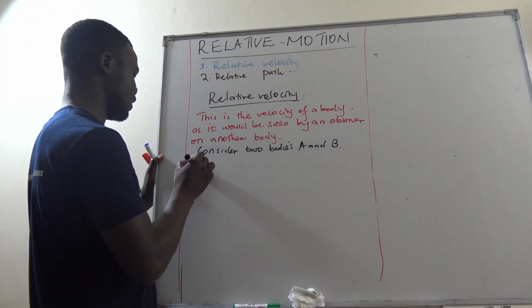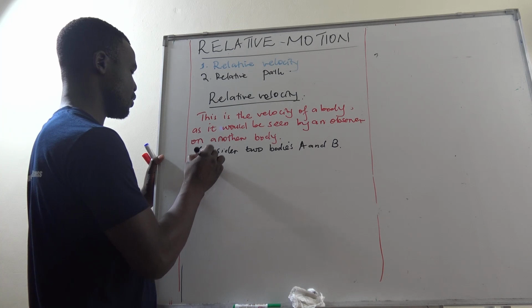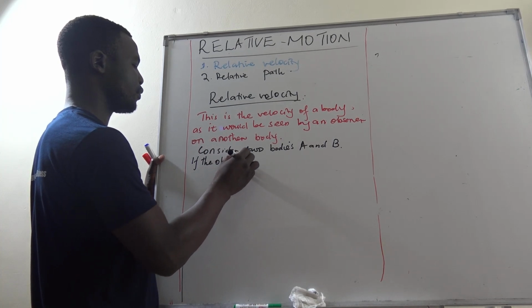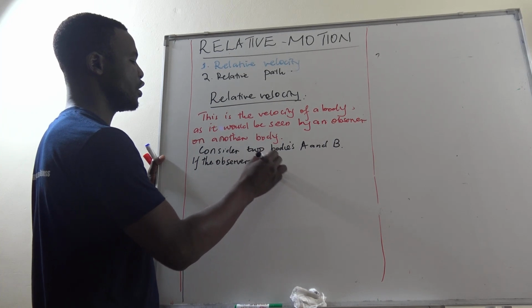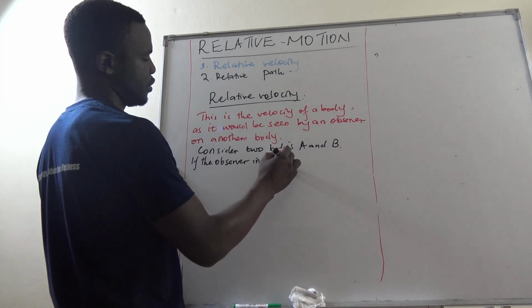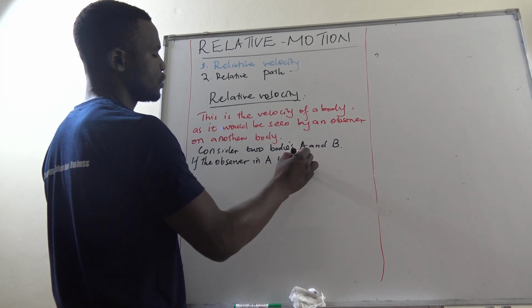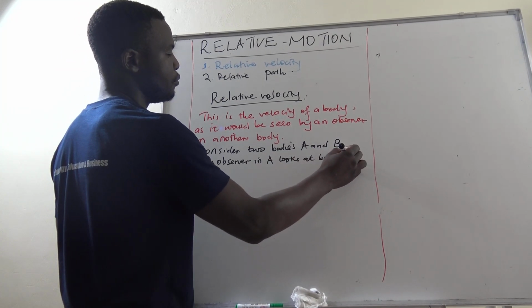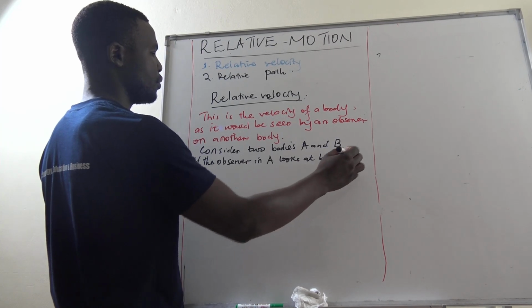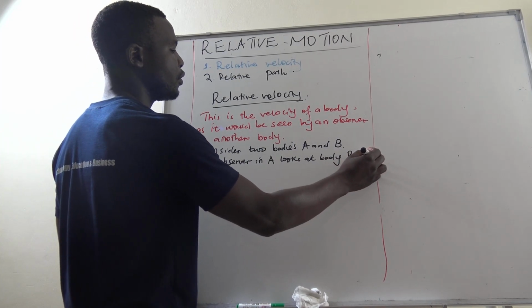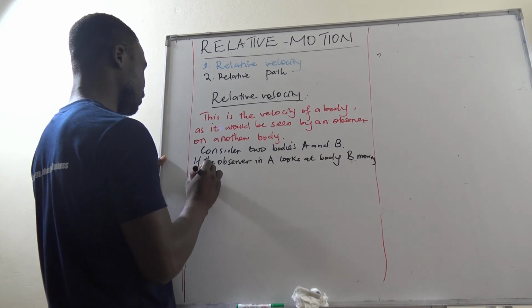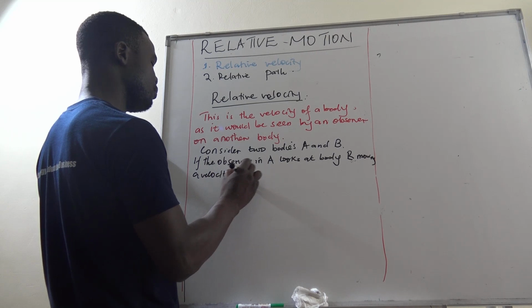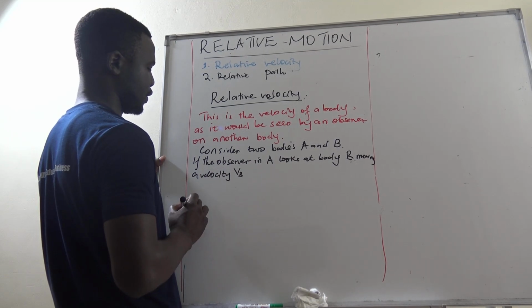So let's say that the observer in A looks at body B moving with a velocity VB, okay?